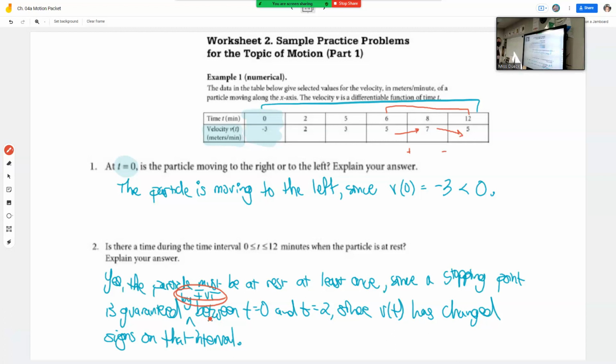Oh, I see what you guys are saying. Sorry. I'm prepping you for another question. My bad. There's a guaranteed velocity value of 0 in between. You're right. This would be looking at acceleration. So there's a place where acceleration hits 0. They've recently changed from not having sign changes that are apparent to having the MVT idea instead, but you're right.